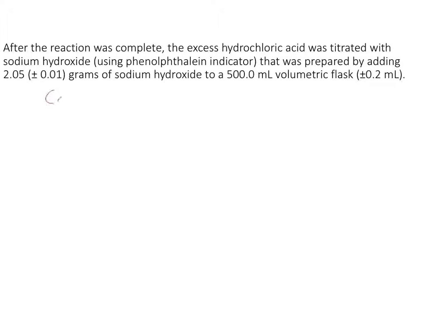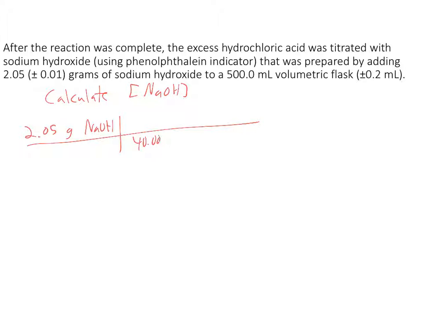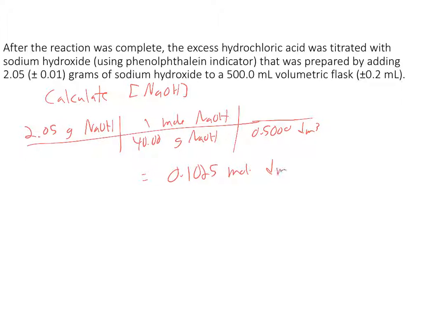So first we need to calculate the concentration of sodium hydroxide. 2.05 grams of sodium hydroxide divided by 40.00 grams per mole gives the moles, and if I divide by the volume, 0.5000 decimeters cubed, I get the concentration. That equals 0.1025 moles per decimeter cubed of sodium hydroxide.